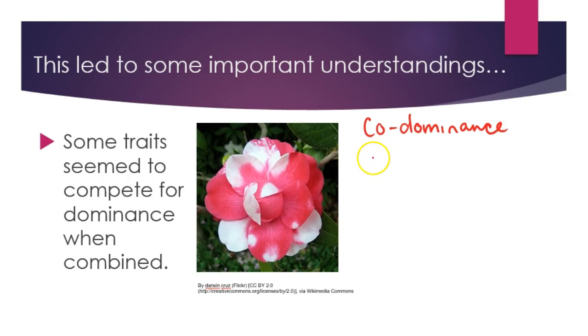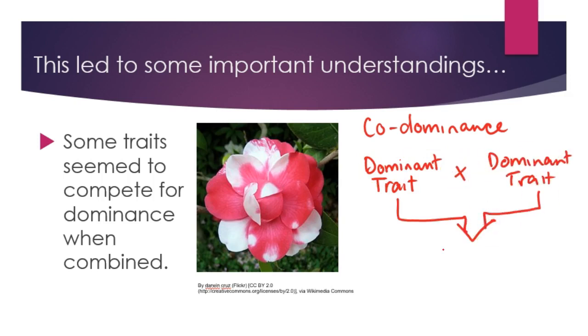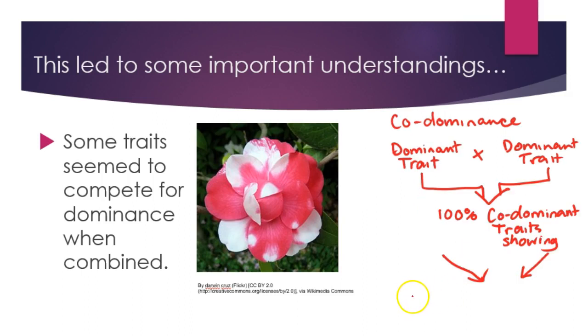So when we're breeding these ones, you would end up breeding one dominant trait, a true breeding one, so many generations breeding that true red flower, combined with another dominant trait like a white flower, to end up with a combination of both traits.